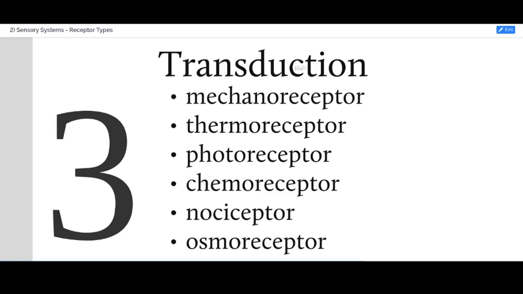Osmoreceptors are a special kind of receptors also. They're chemoreceptors in the sense that we're talking about water as the chemical. So osmoreceptors are sensing the osmolarity or osmolality of the bodily fluids. One place where we see osmoreceptors is at the rear portion of the tongue and at the opening of the pharynx.